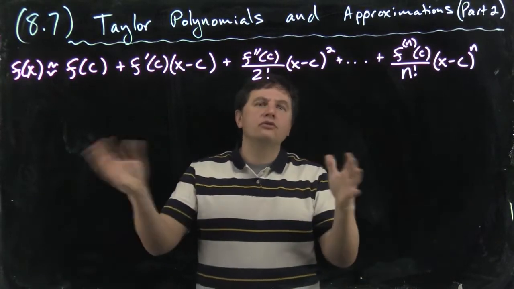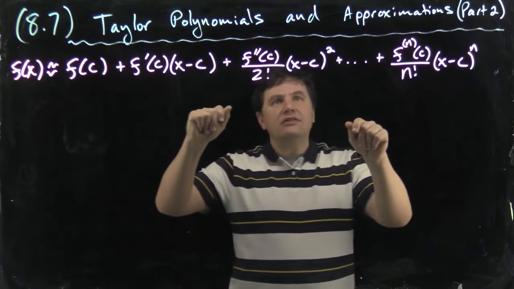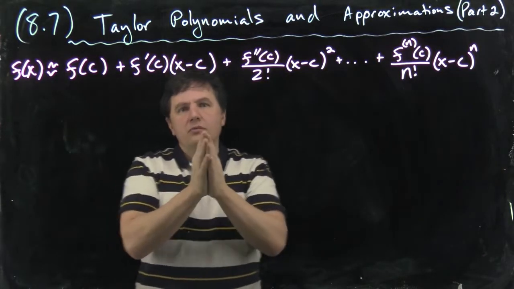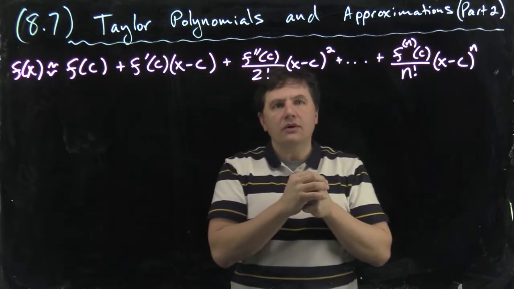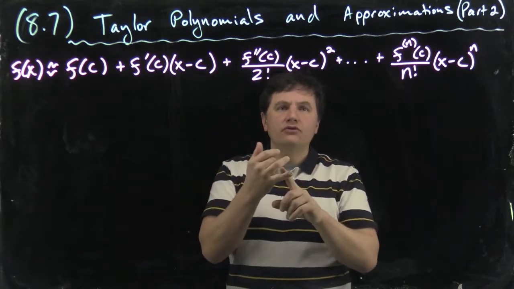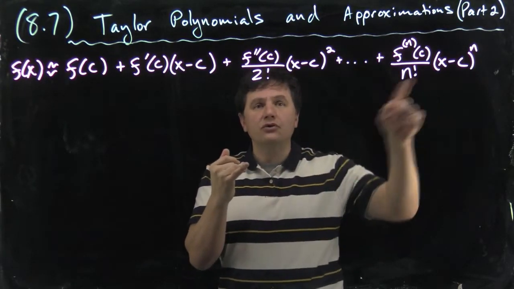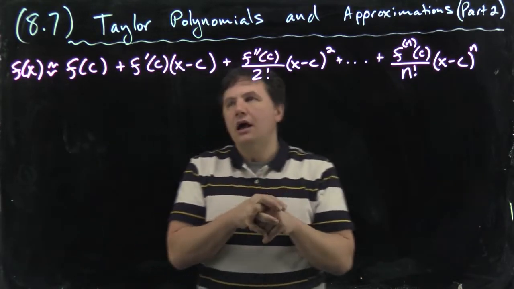And another thing that we talked about, even though we're not really going to get into that here today, is that the closer we are to the center, the better approximation we will have regardless of the number of degrees. Okay, so that's something we always want to think about when we're talking about accuracy, those two parameters. Higher degree, better approximation; closer to the center, better approximation.